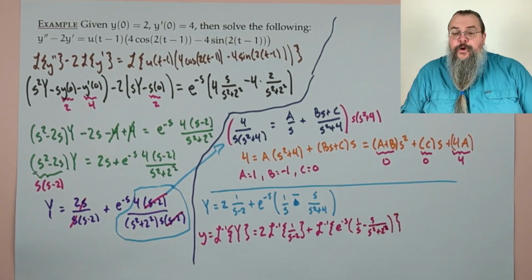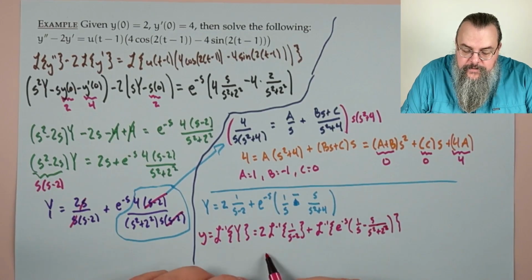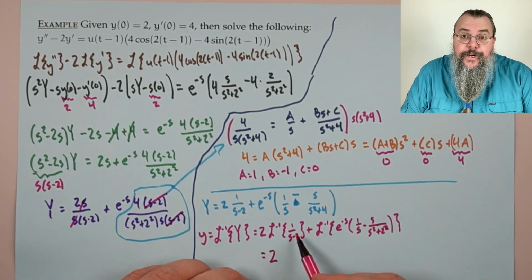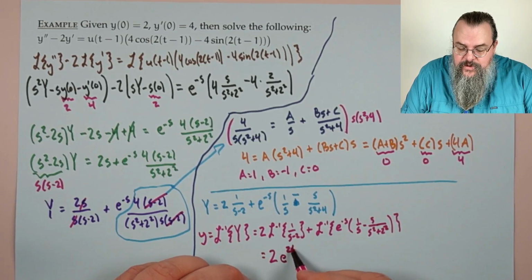All right. Well, what do we have? We have 2, and then here, this is an exponential function, e to the 2t.